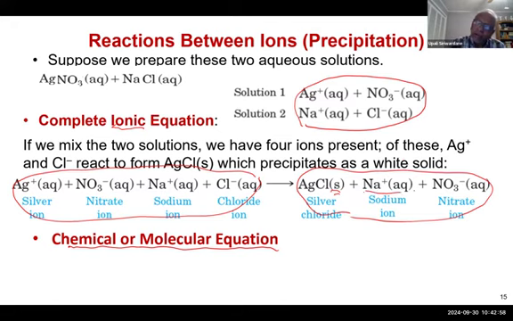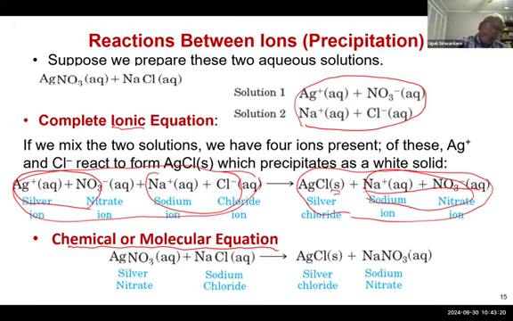This is a soluble salt, therefore it remains in the solution. When you write down the molecular equation, you combine the ions. Molecular equation is neutral. That leads to sodium chloride, and this leads to sodium nitrate.